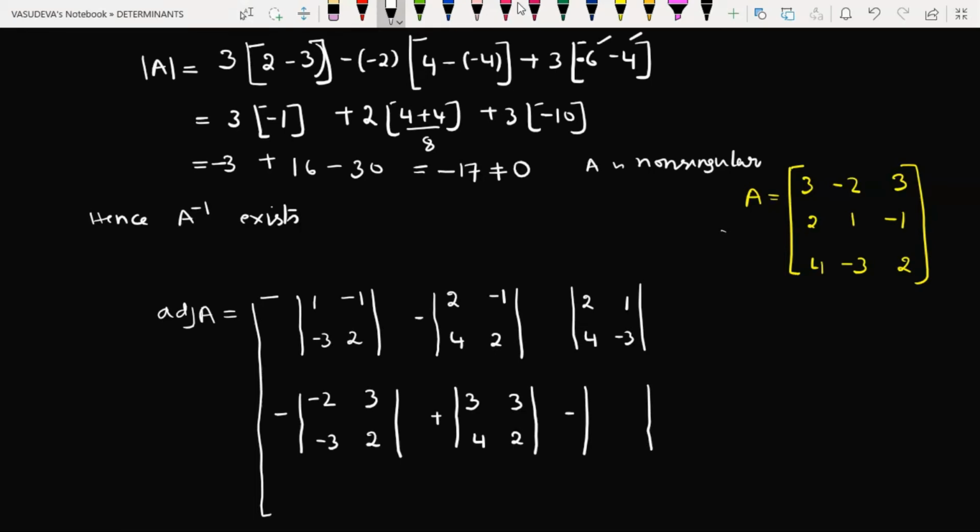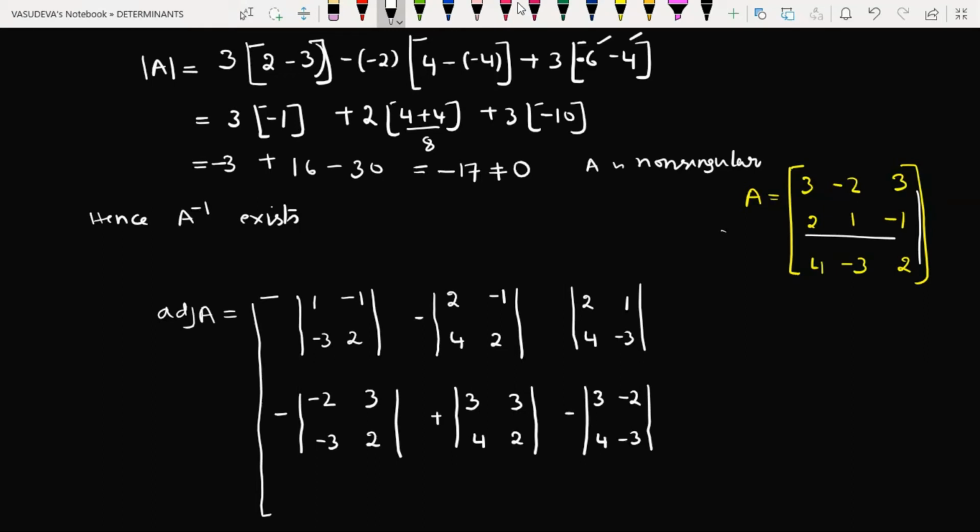So the cofactor of minus 1 is, by eliminating the second row and the third column, because minus 1 lies in the second row and the third column. Leaving those elements, we have 3, minus 2, 4, minus 3.